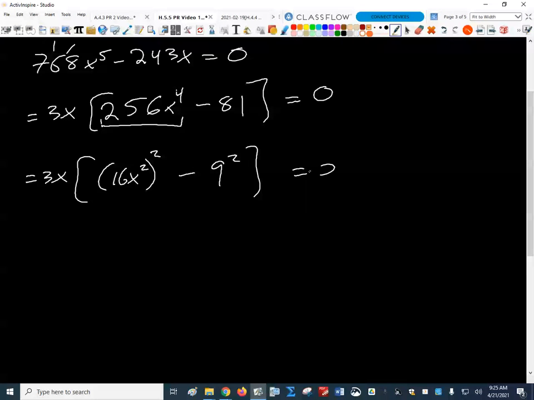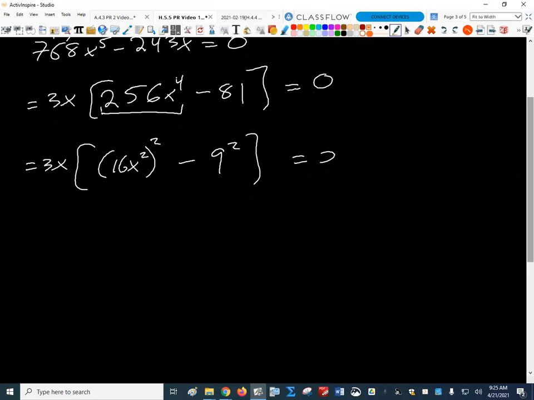And how's that difference of squares pattern going to play out here? We can factor it as a difference of squares. Okay? What do we get? Three x. What's going to happen with this difference of squares here?